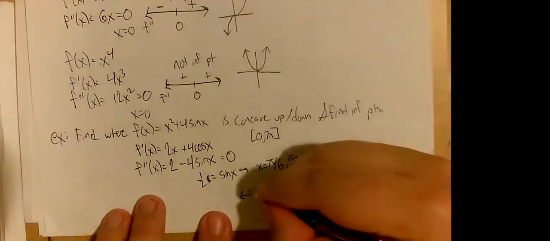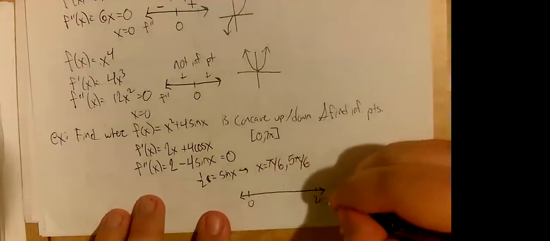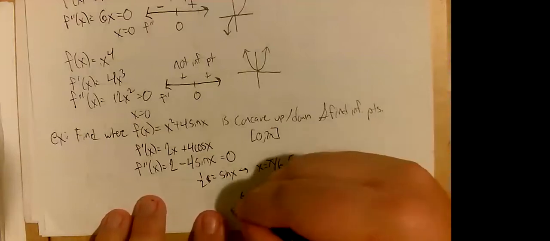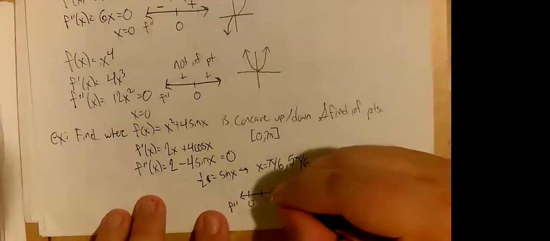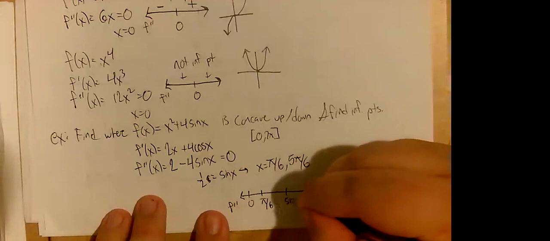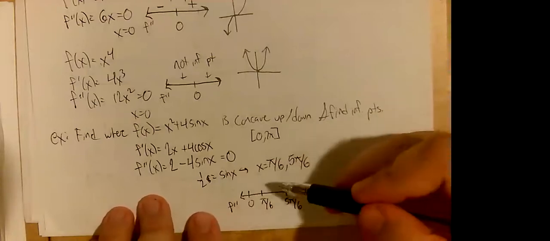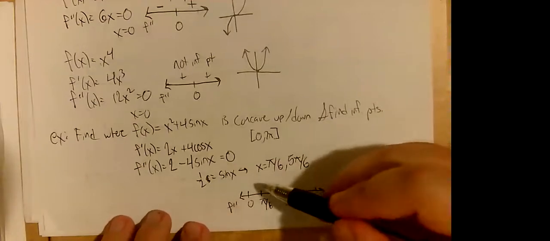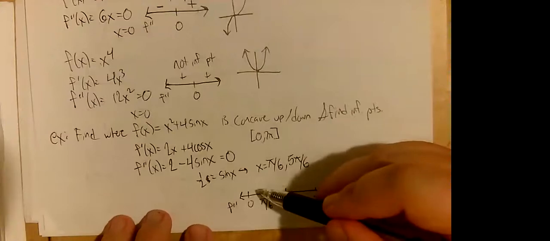Remember, they're not necessarily inflection points. They're only inflection points if the sign of f double prime changes as we move over them. Okay, so let's plug in something a little bit less than pi over 6.